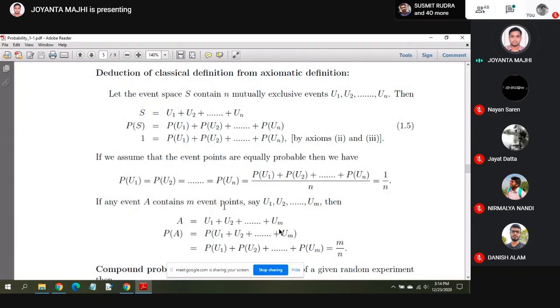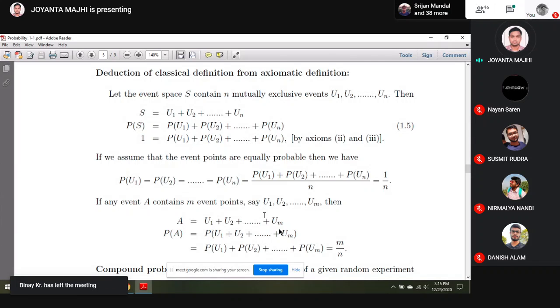We say that these event points are u1, u2, ..., um. Then A is equal to u1 union u2 union ... union um. As u1, u2, ..., um are mutually exclusive, we can apply the third axiom of probability, and we say that probability of u1 union u2 union ... union um is equal to the summation of probability of ui, which is equal to m by n, as probability of u1 is equal to 1 by n, and there is a sum of m terms of 1 by n.